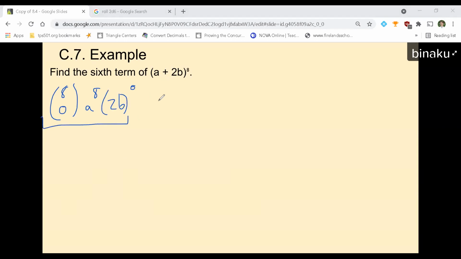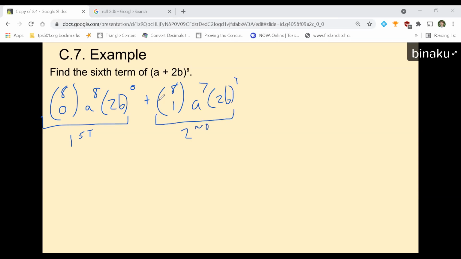That's the first term, right? Okay. The next term would then be 8 choose 1, a to the 7th, 2b to the 1st. That's the second term.